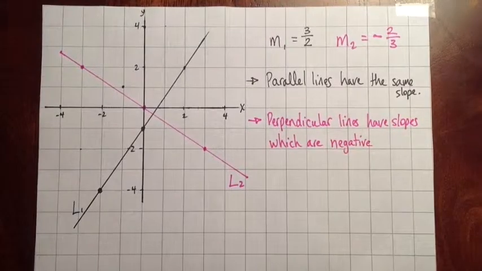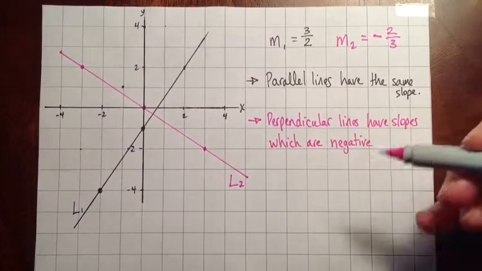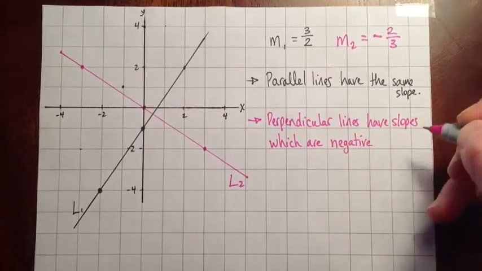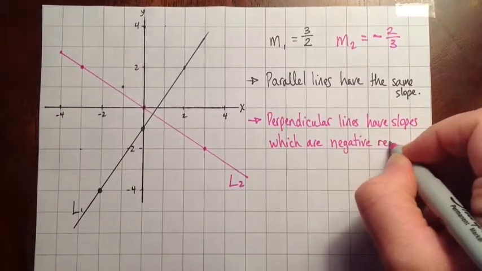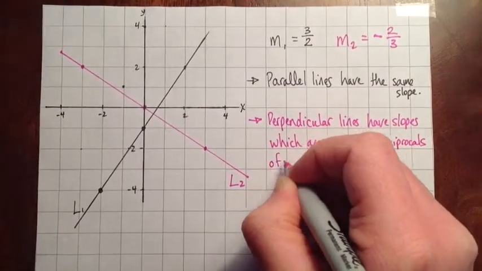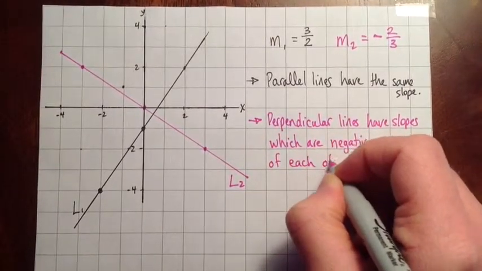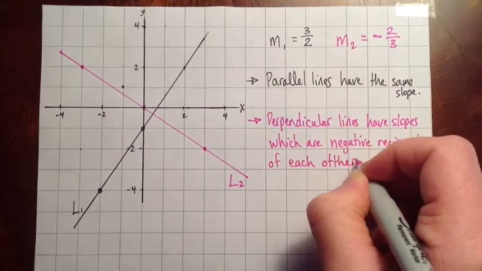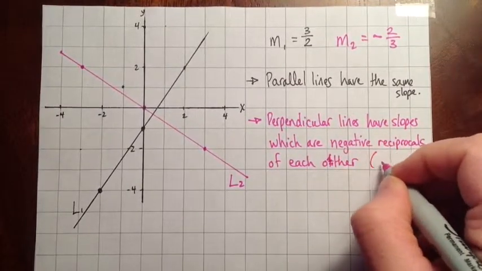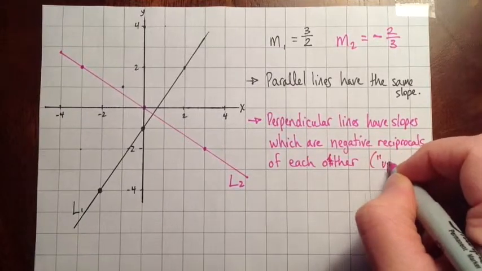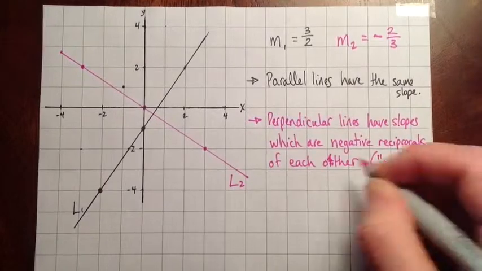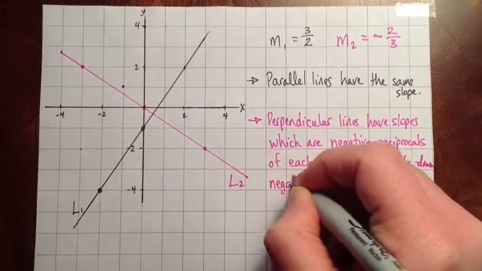And if the number started off negative, when I make it the negative of that, we get positive. So I changed the sign. And I flipped it upside down. So the way we say that is that they're reciprocals. Negative reciprocals of each other. So what that means, upside down negatives.